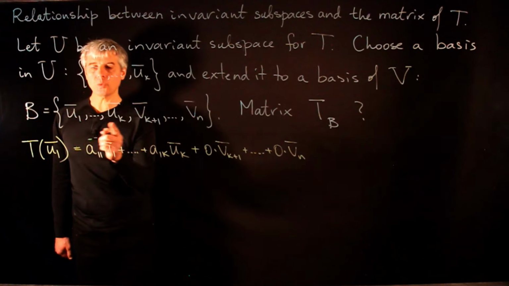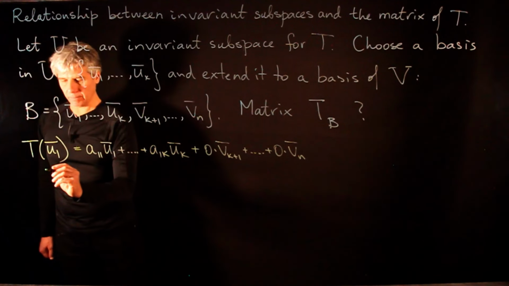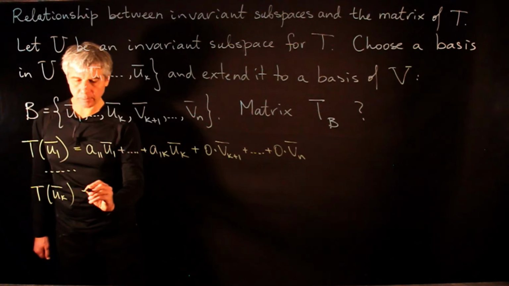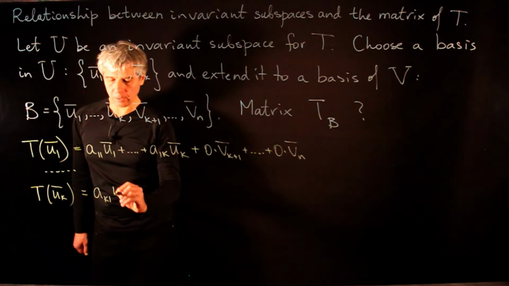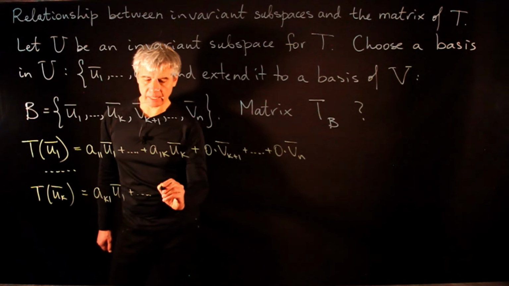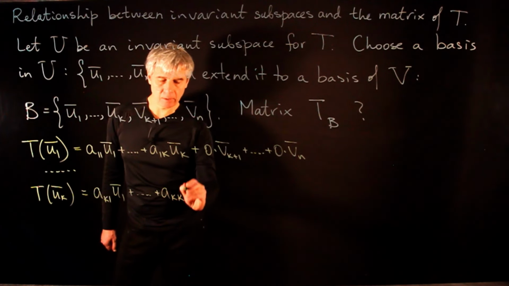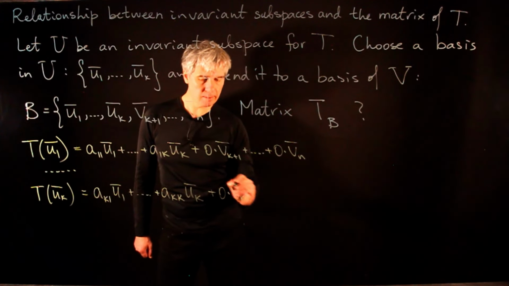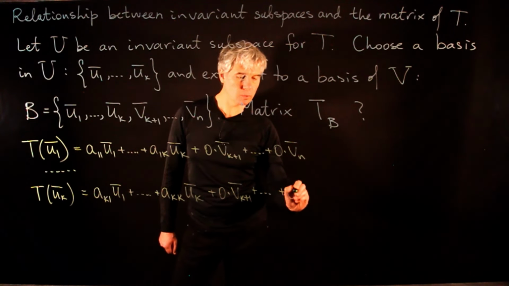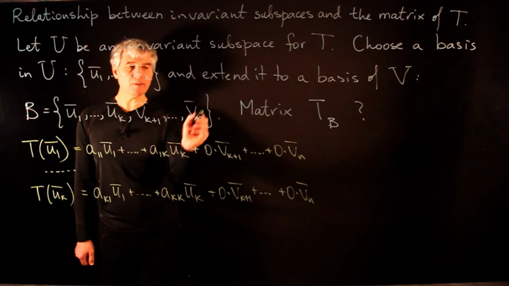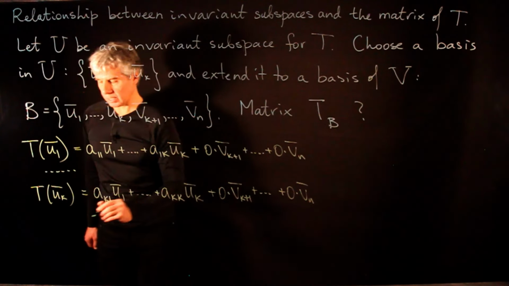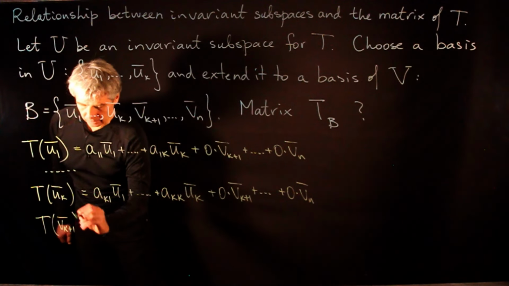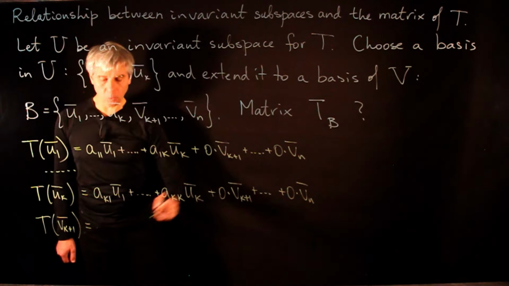And the same will be true for the first k basis vectors in B. So T of uk, for example, will be ak1 u1 plus ... plus akk uk plus 0 times v_{k+1} plus ... plus 0 times v_n. The remaining vectors do not belong to the invariant subspace. So if we take T of v_{k+1}, then in the expansion we will get all basis vectors.